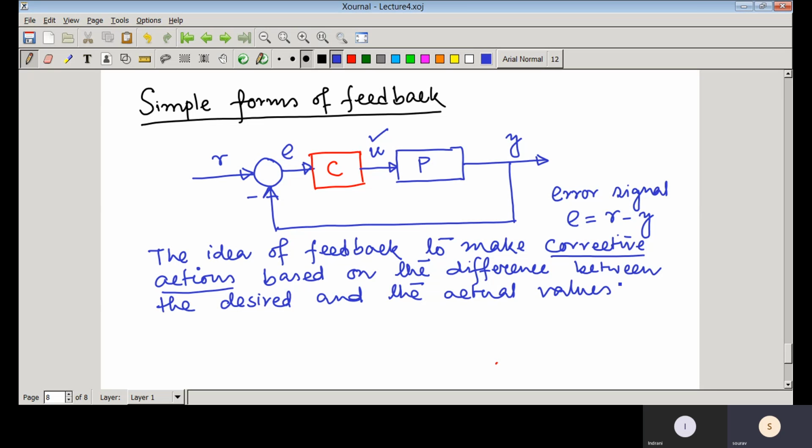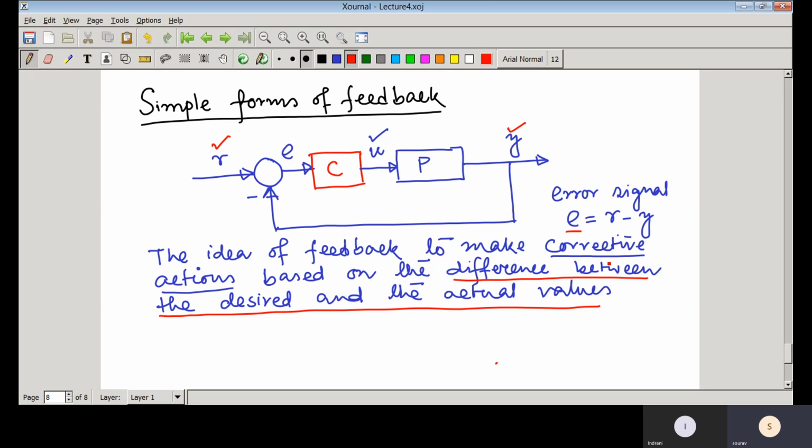So here you can see the difference between the desired and actual values. R is the desired value and Y is the controlled output. This difference is the error signal, the difference between the desired and the actual values.